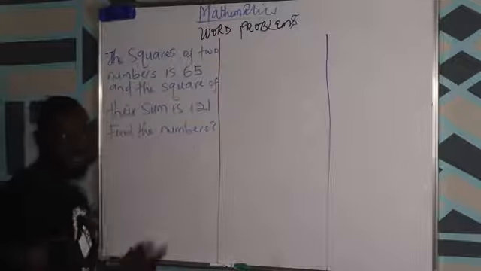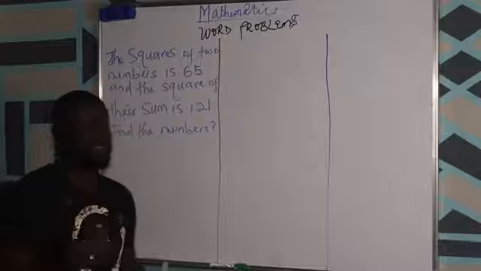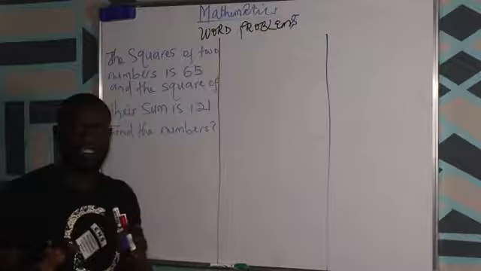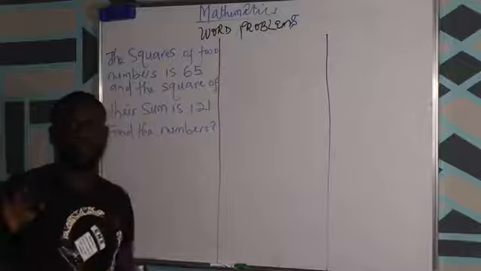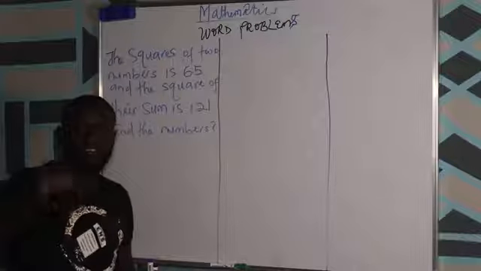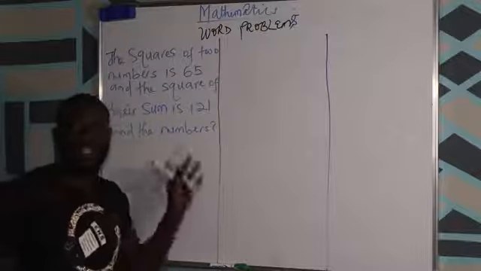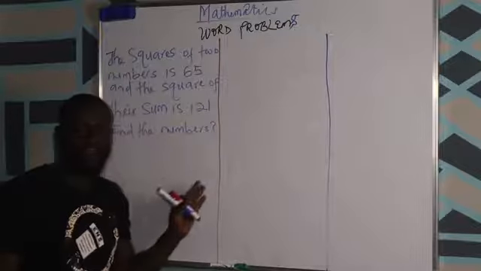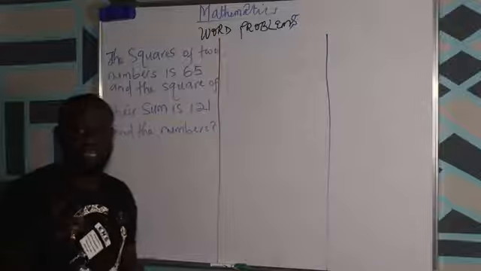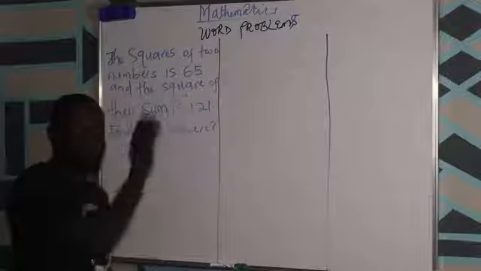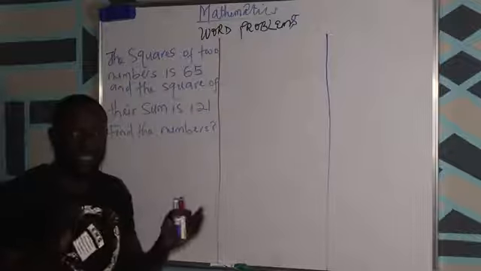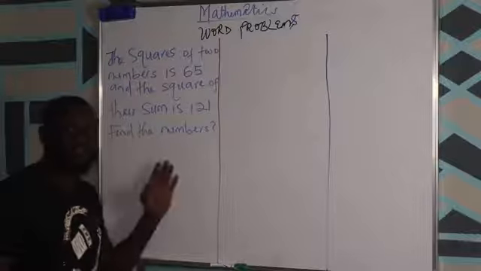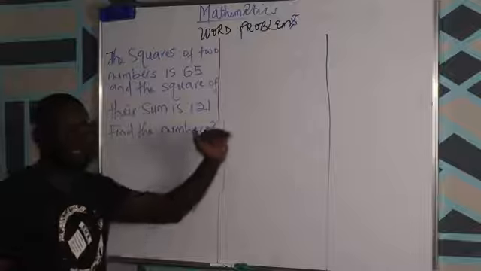Find the numbers. The squares of these two numbers is equal to 65, and the square of their sum is 121. Find the numbers. We have to be very delicate and careful when answering word problems because it can be tricky at times. So I'm going to start solving and you follow me bit by bit till the end.